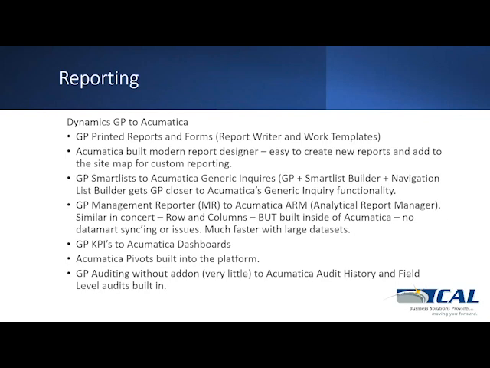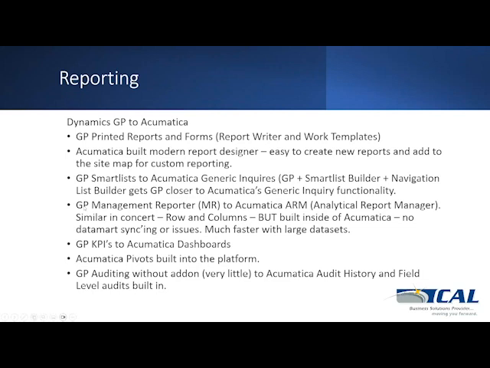Because Acumatica has all of that capability built in with the generic inquiries: to double click and open an associated transaction, or have a side panel, or open different things without having to do a lot of work.